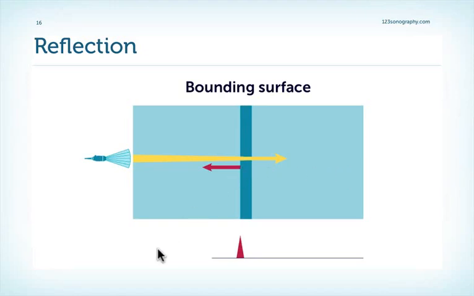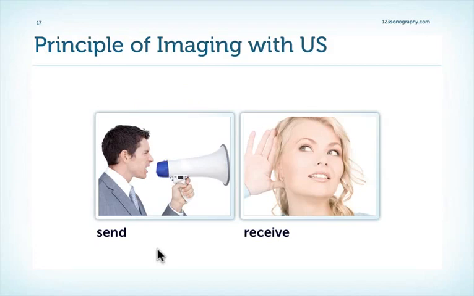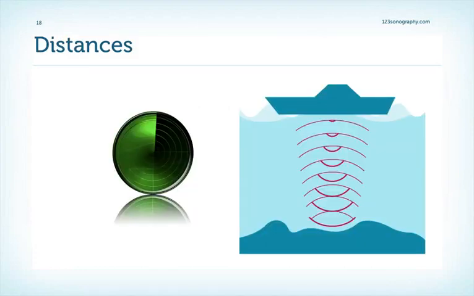And this reflection is then used basically to generate the image. So the principle of ultrasound is not only sending a signal, but also receiving the signal. This is also the way a ship is able to determine how deep the water is with the help of a sonar beam. And this is also the principle of radar technology.